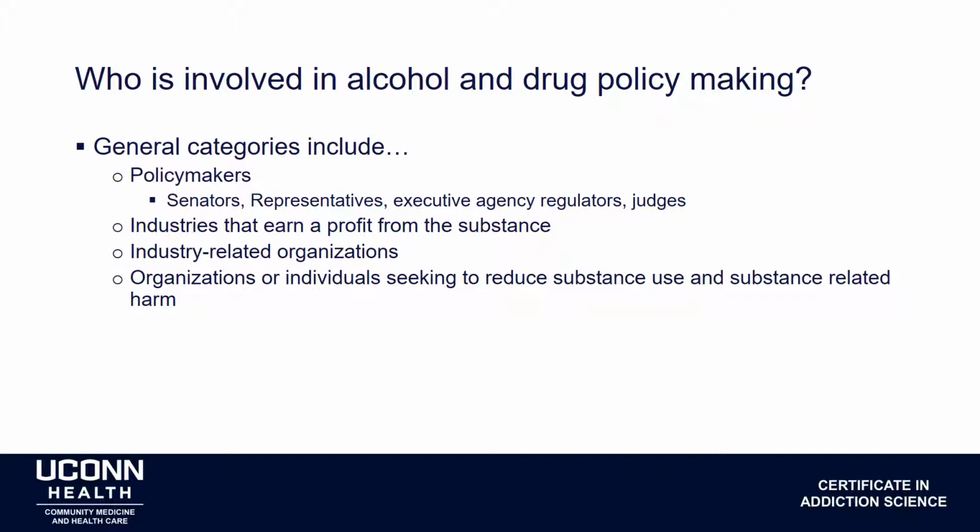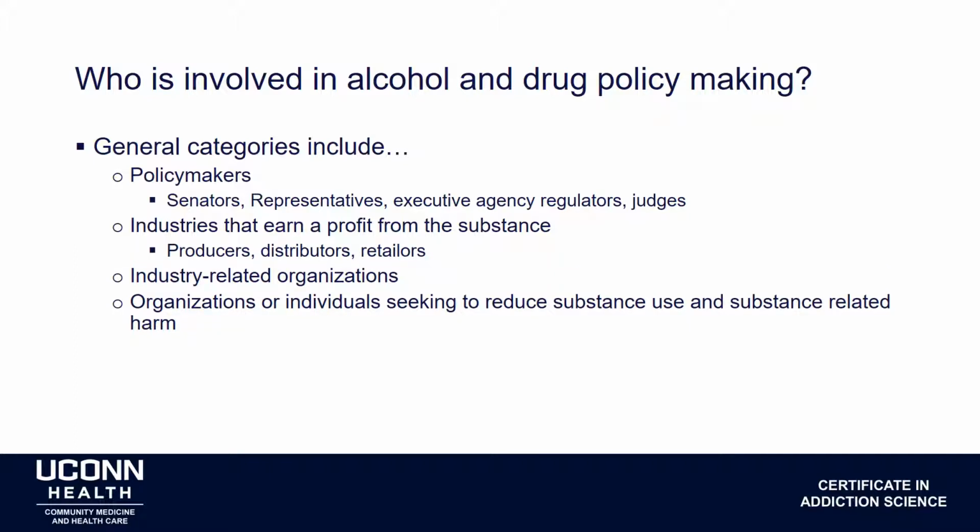These can also be people at local or state departments of public health. These can be law enforcement agencies, particularly when we're talking about illicit substances. And then it can be judges. If a case is brought before the court, a judge can rule in favor or against the constitutionality of a law, and they can actually overturn the regulations and laws passed by our elected and unelected regulators.